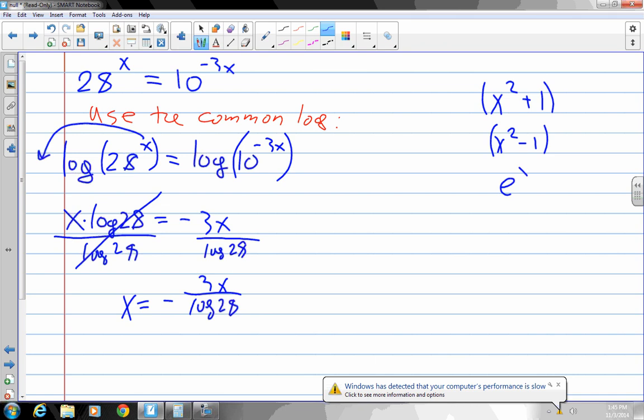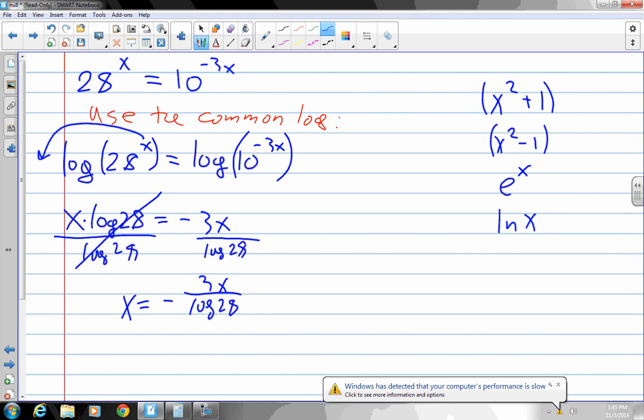It is okay to divide by something like that, because e to the power x can never equal 0. Remember, the range of the exponential function is strictly positive, not 0. It is not okay to divide by something like that, because this can equal 0.